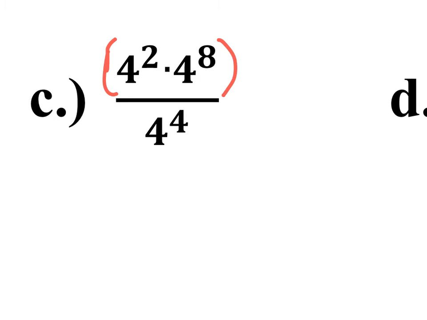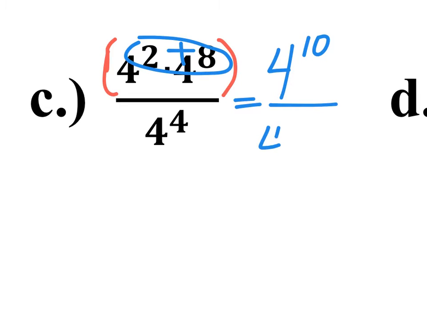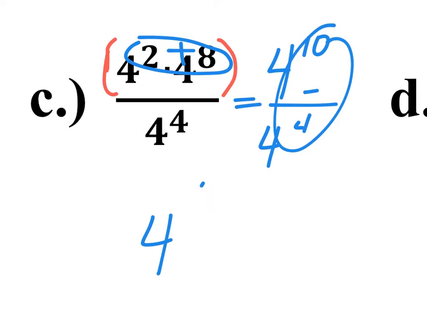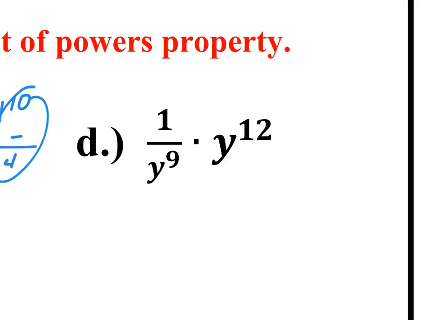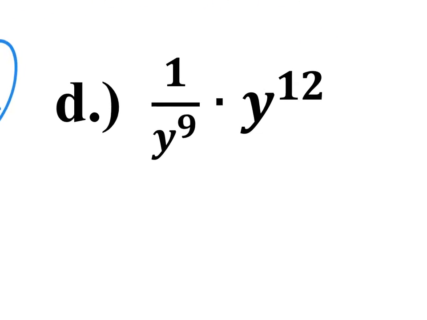You add the 2 to the top? Yeah, you should add these guys first, because it's like having parentheses, so you're simplifying what's inside the parentheses first. So that would give me 4 to the 10th over 4 to the 4th, and then you can subtract. 4 to the 6th.